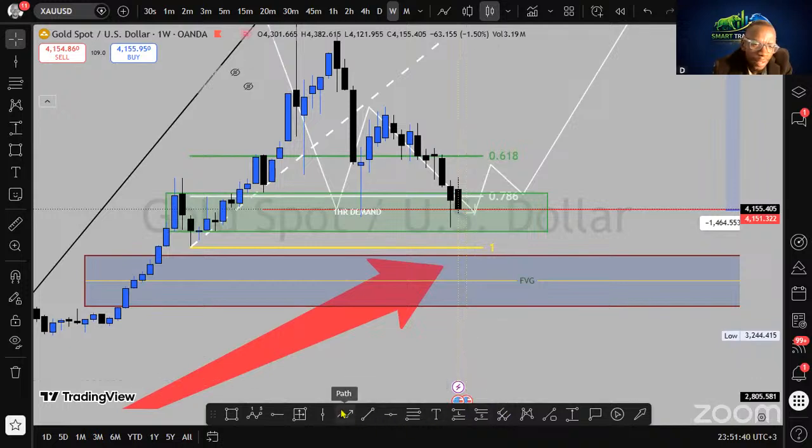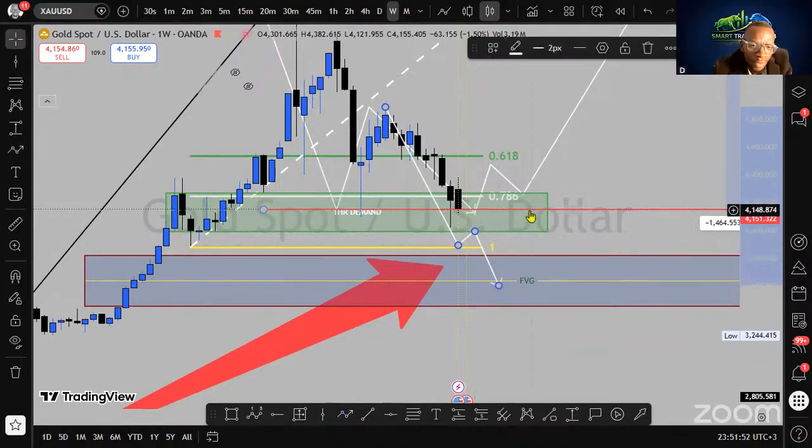The worst case scenario is if sellers overwhelm this place, then they're going to break, retest, then come back to our fair value gap, for the buyers now to kick in. So these are the two areas. If you want to buy now, you can hesitate and wait for gold to come to around 3,000 to retest the 3,000 level.